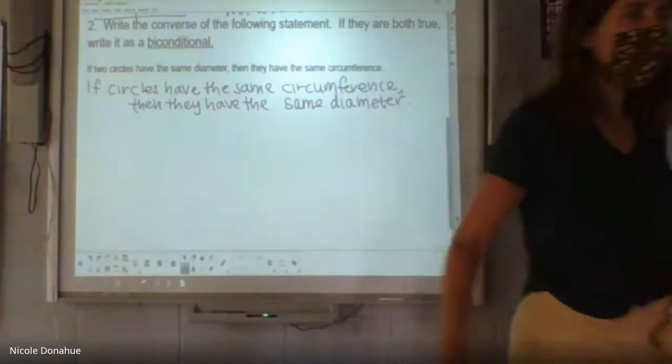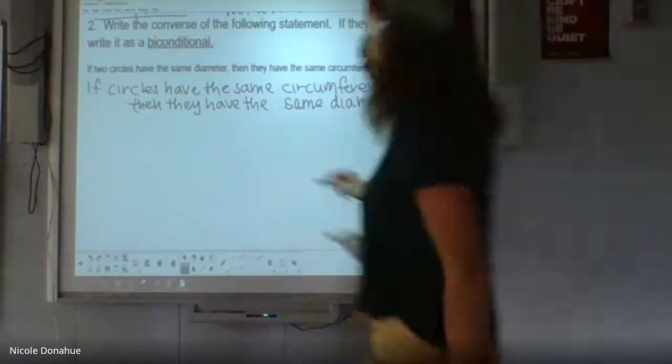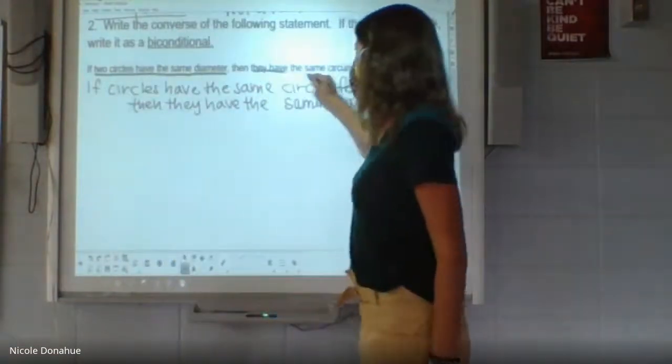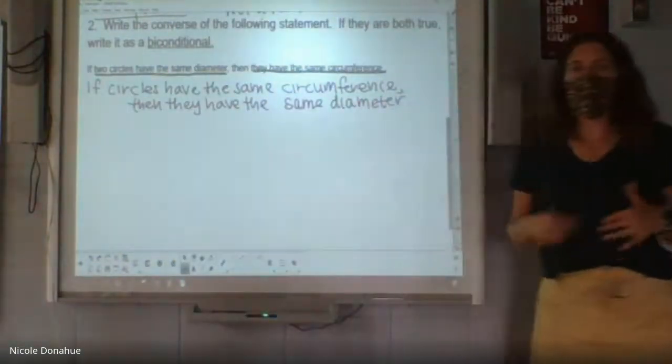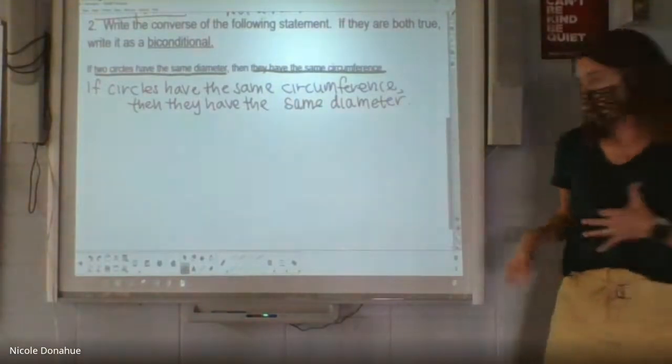A biconditional takes the if-then out of it. So it takes the hypothesis and the conclusion and puts if and only if in the middle. So again, take the if-then out of there.